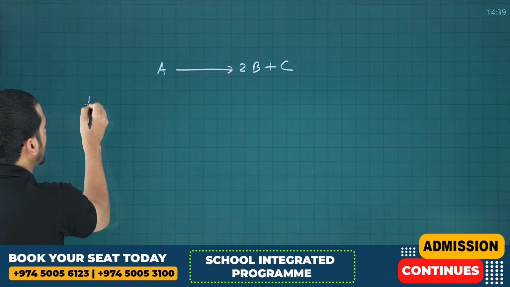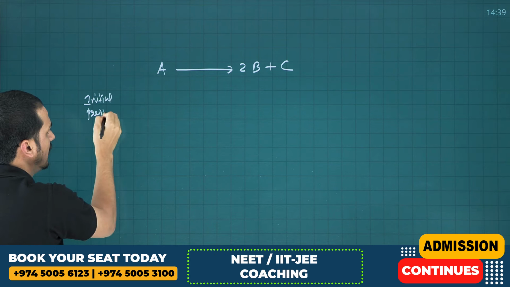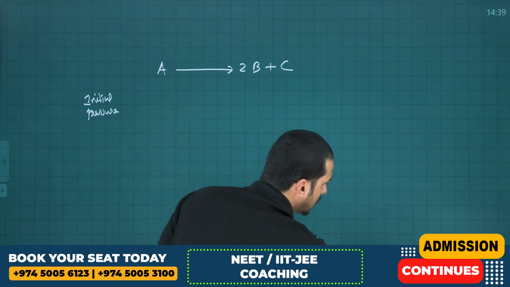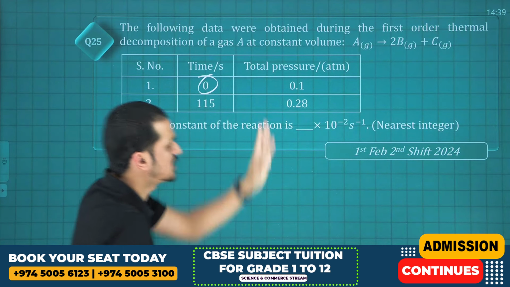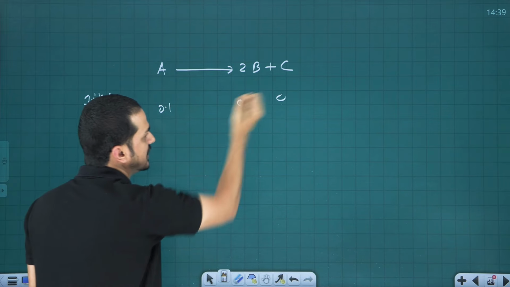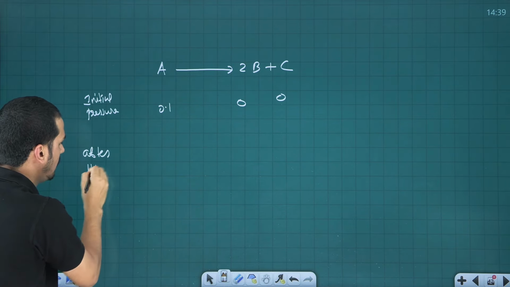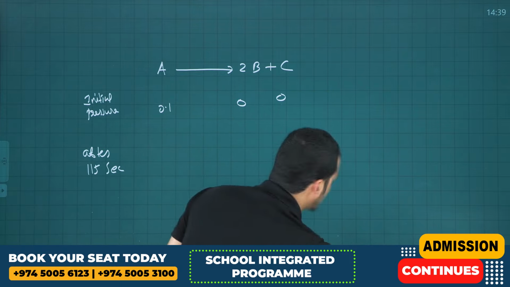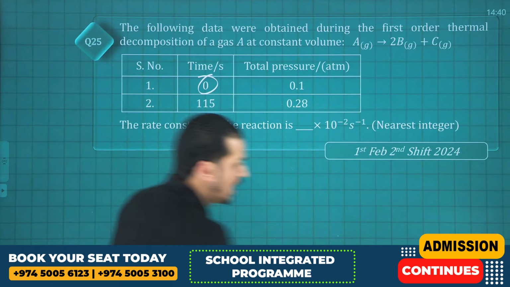Now, the initial pressure of A. See, once we look here, at time 0 the pressure is only because of A, that is 0.1. At that time B and C are 0. Next, after 115 seconds, the total pressure in the question is 0.28. So how will we get that?